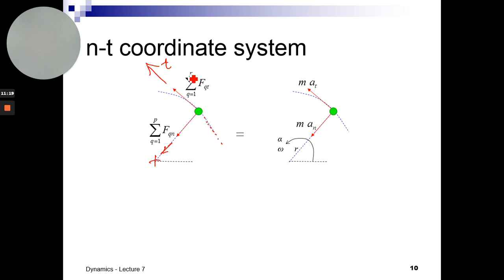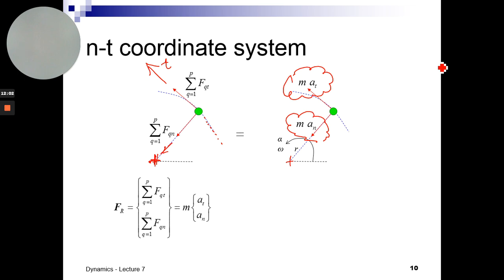The sum of forces acting tangentially is equal to ma_t, the mass of the particle times the tangential acceleration. Likewise, the sum of forces acting normal, toward the center of curvature, is equal to ma_n, mass times the acceleration acting toward the center of curvature.